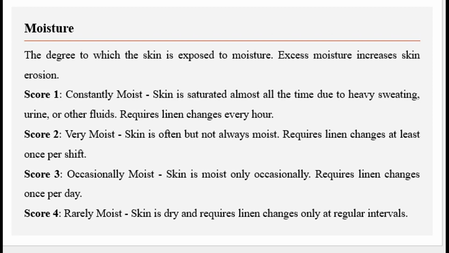Sometimes we put a Foley catheter, and if you do not pay attention, there is a chance it will come out, because it is held only by taping. The tape will go, so there is a chance the patient will be lying in urine and other IV fluids. At these times the linen has to be changed sometimes every hour. In these conditions, we have to give score 1.